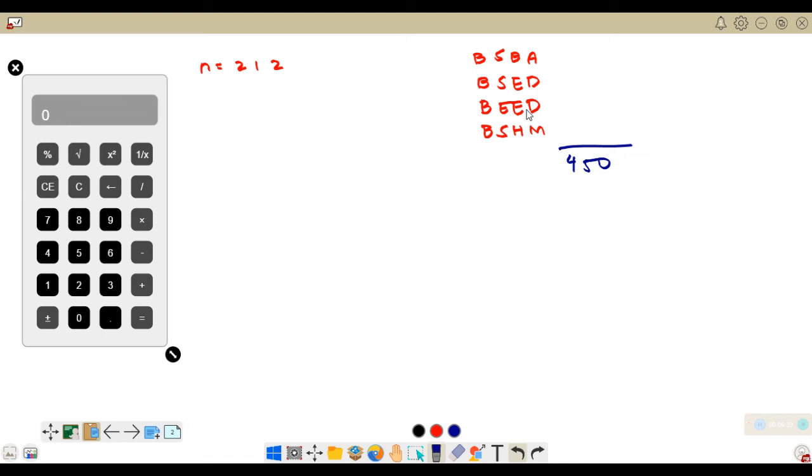So, say for example, the distribution will be BSBA is 75. BSED, for example, is 110. BEEd is 56. This is just for the sake of examples, ha?